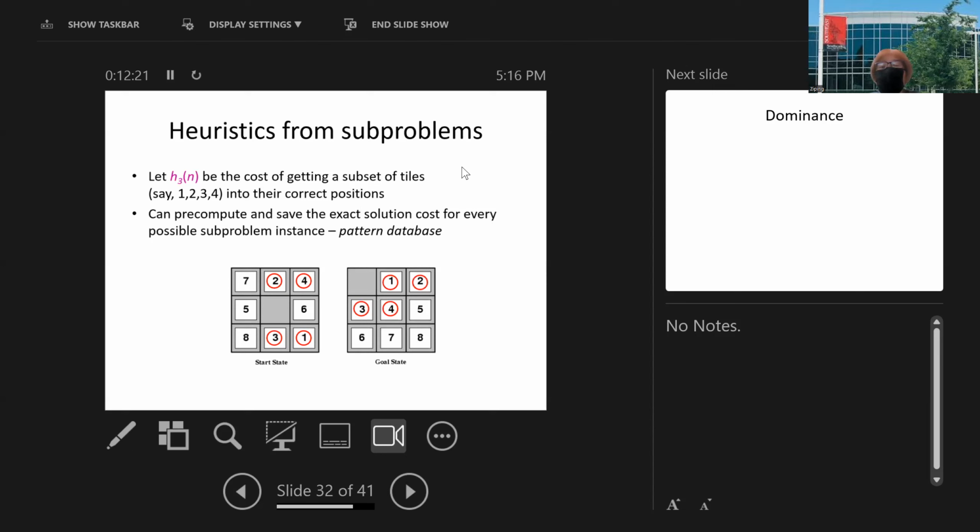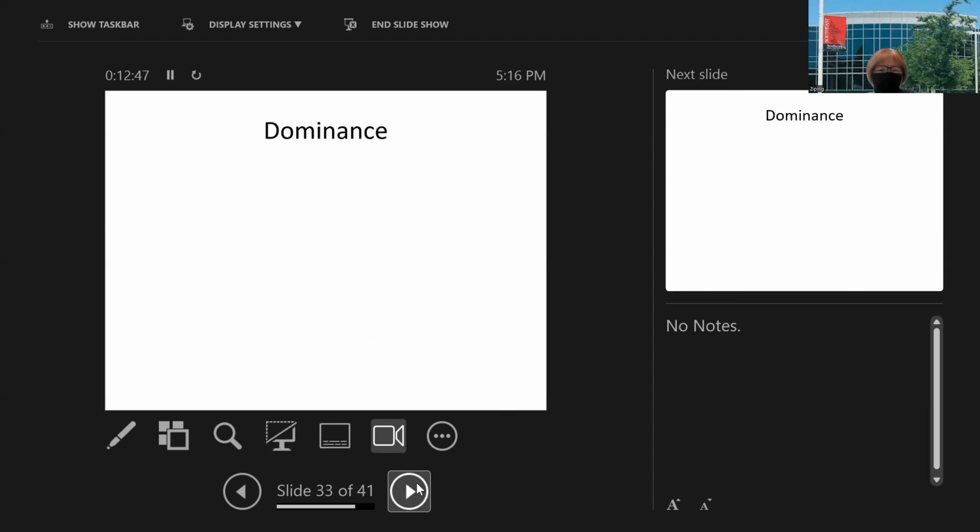Because you decompose the original problem into some sub-problems, you can pre-compute the exact solution for the sub-problem instance. Then you can build a pattern database, which can help you further solve the original problem. So it just provides us different ways here.